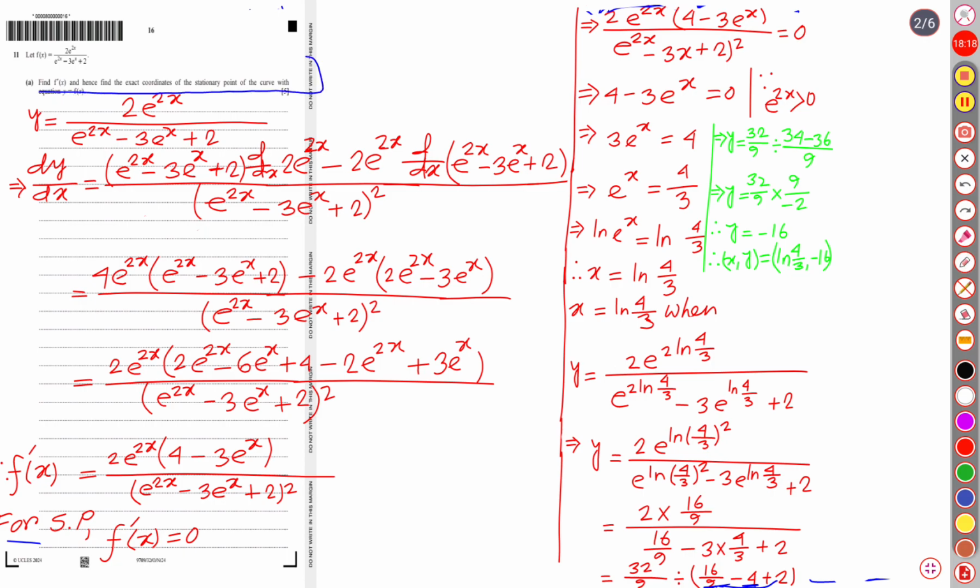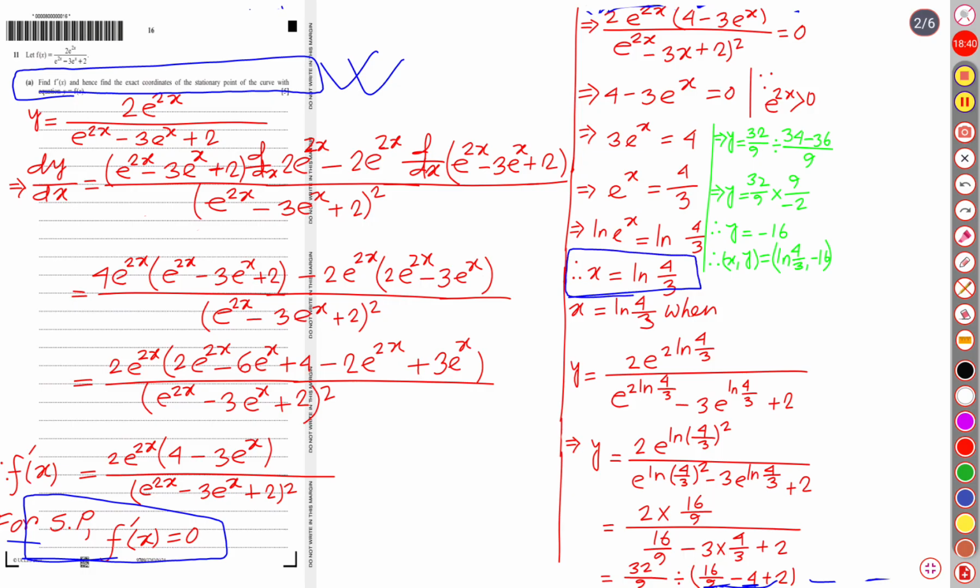So the concept we have learned from this question: whenever a stationary point, or maximum point or minimum point is mentioned, we will have to find the first derivative. So the first derivative is 0 in case of a stationary point. Then if we solve this equation, we find that our x coordinate is ln 4 over 3.